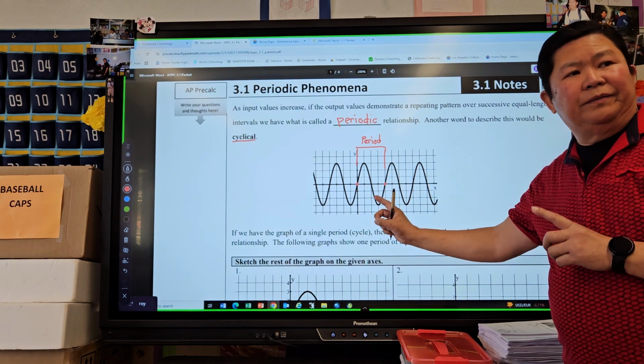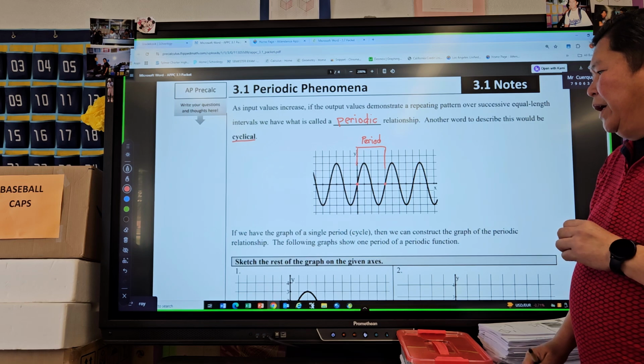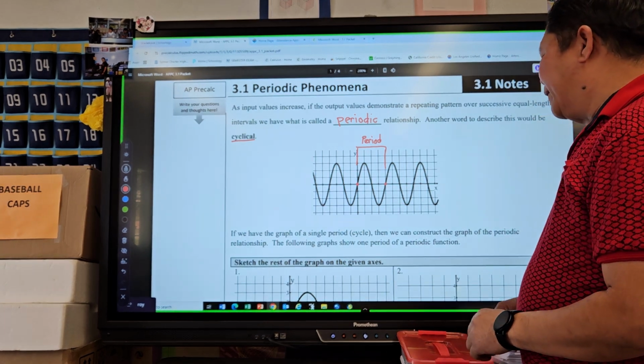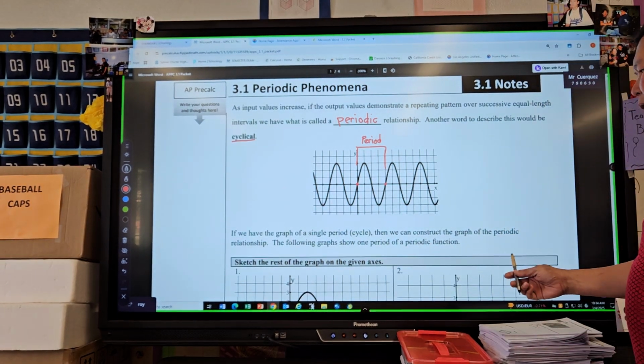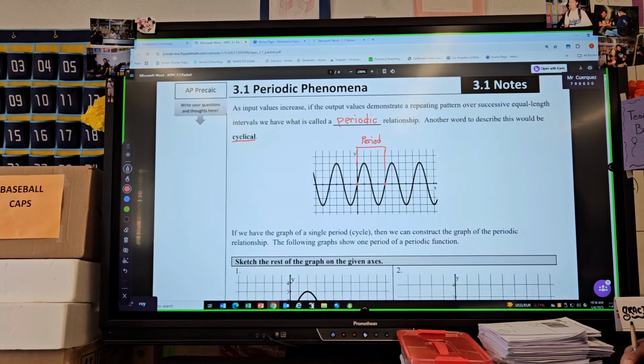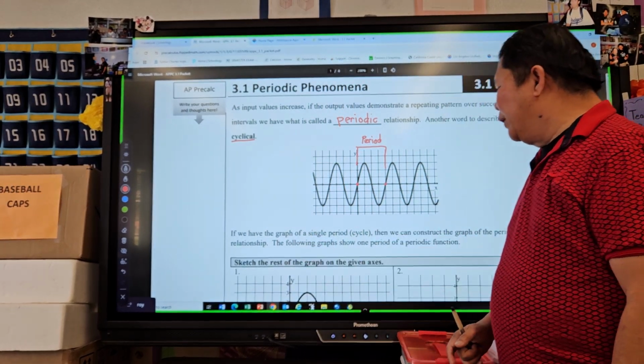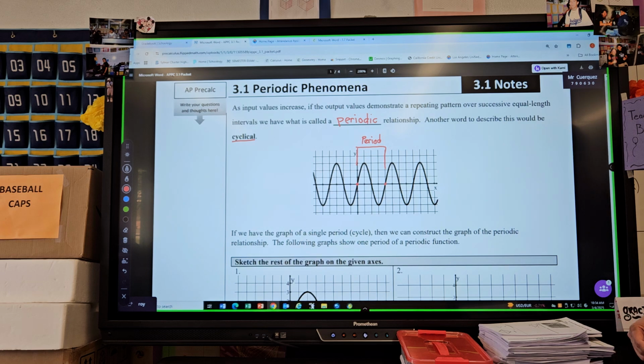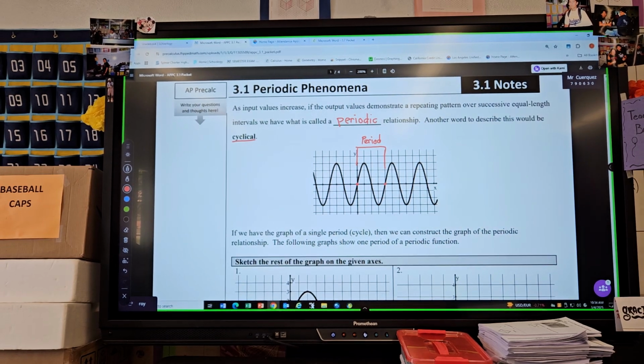Is this clear? Okay, so if we have the graph of a single period or single cycle, then we can construct the graph of the periodic relationship. The following graphs show one period of a periodic function.